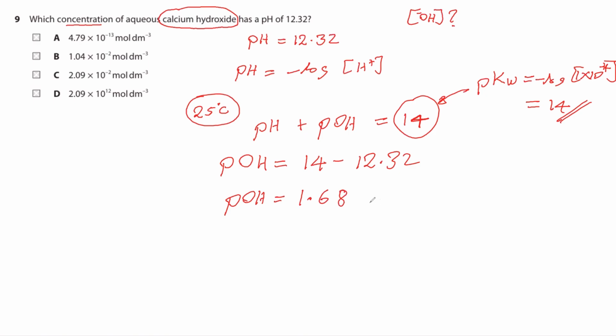But what is this 1.68? We know that pOH equals, P actually means minus log. So pH means minus log H plus sign, so pOH is minus log OH minus sign. So I have the pOH value. I want to find the OH minus sign. So what I'm going to do is take the antilog of minus 1.68.